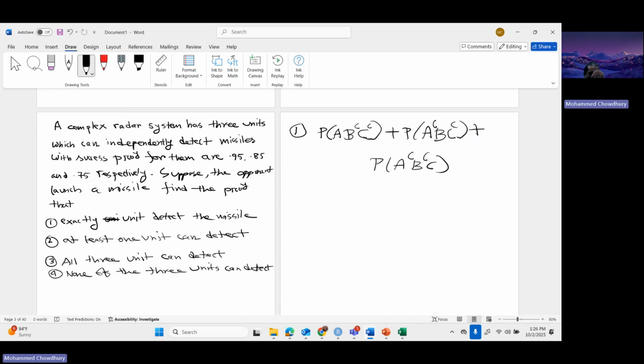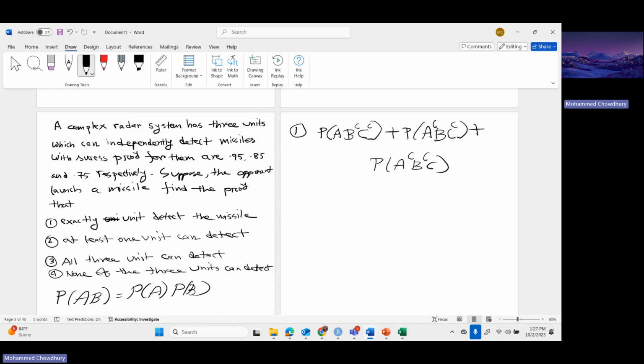So now you know this is the definition of independence, right? Probability of A and B, you can write as probability of A times probability of B. Now, in a contingency table, if two events are independent, all of the other events are also independent.